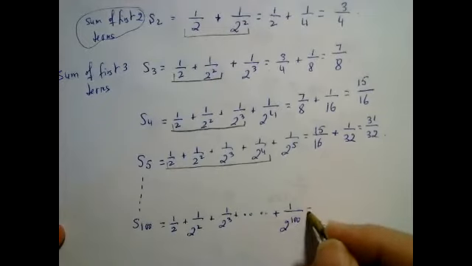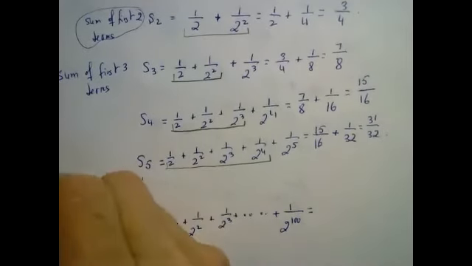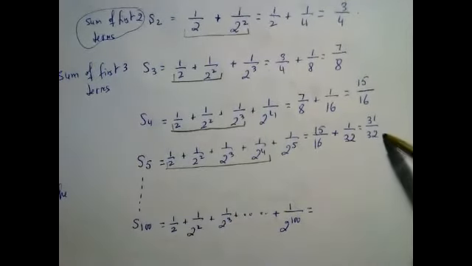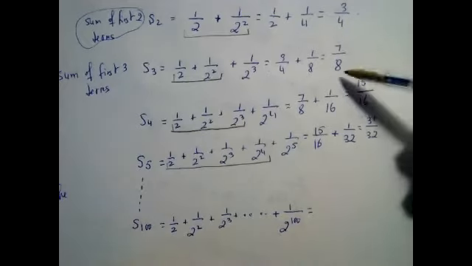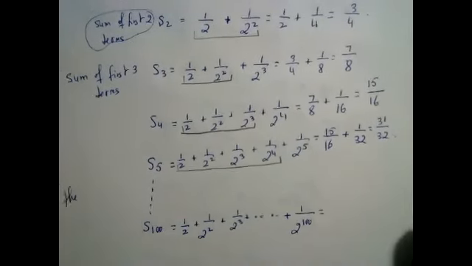It looks like the numerator is getting multiplied by 2 plus 1, and the denominator is getting multiplied by 2. Like 15 times 2 is 30, plus 1, you get 31, and the denominator 16 multiplied by 2, you get 32. From here to here, you mean? Yeah, from 1 to 1 before.